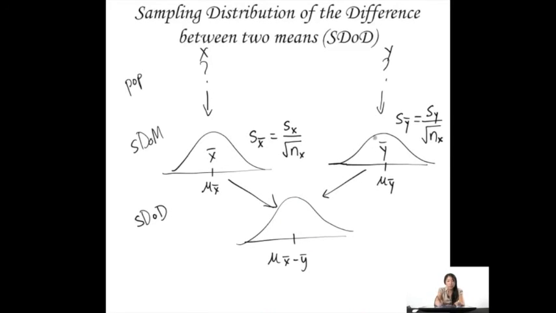If these guys are normal, we can assume this one to be normal. And not only that, but we could figure out the standard error of this one as well, just from knowing these. Because the standard error is going to be the square root of s sub x squared, so the variance of x over n sub x, plus the variance of y over n sub y.